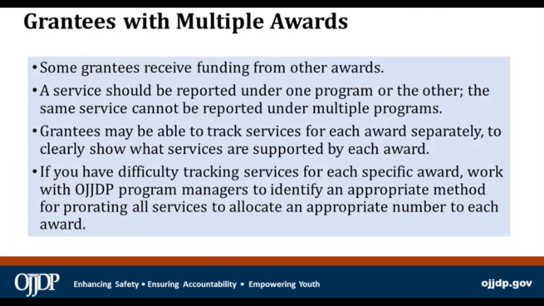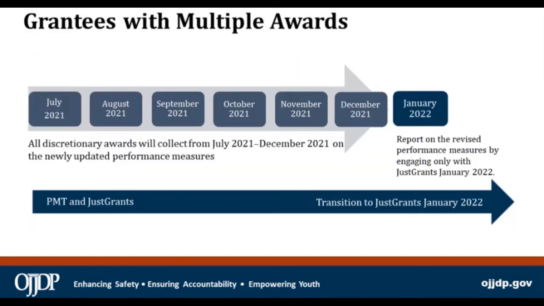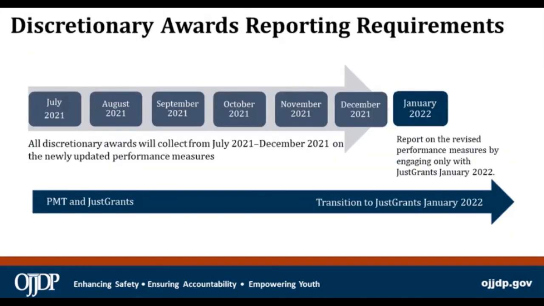If you have difficulty tracking services for each specific award, work with OJJDP program managers to identify an appropriate method for prorating all services to allocate numbers to each award. This session only focuses on January 2022 reporting. For this July of 2021, all discretionary awards will start collecting data on the updated performance measures.